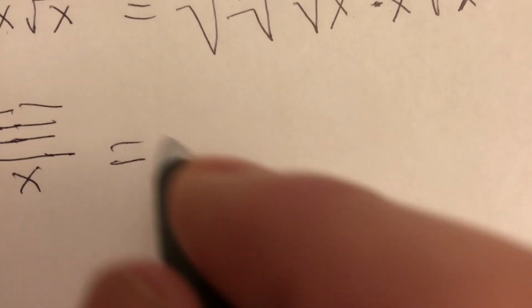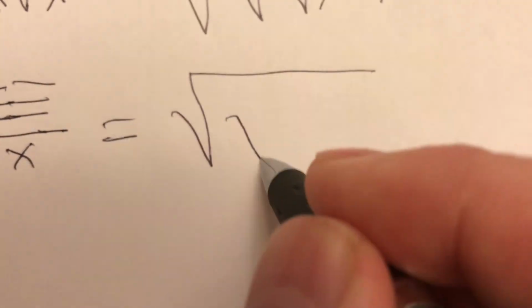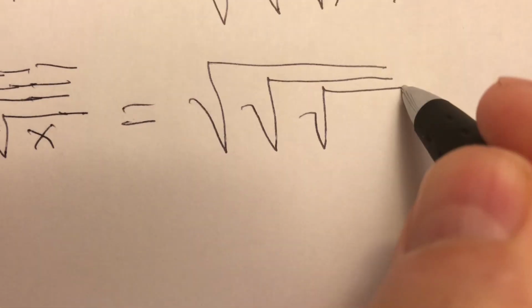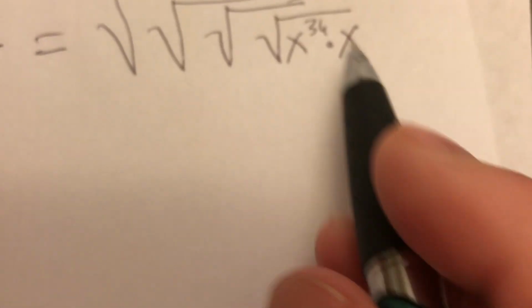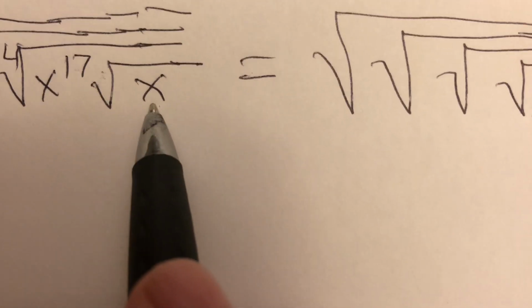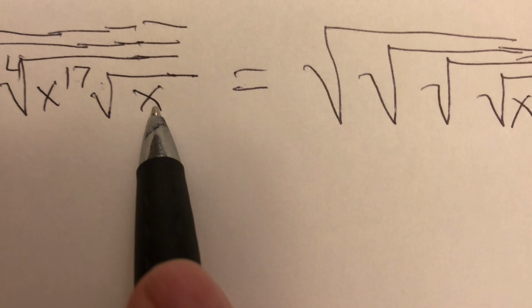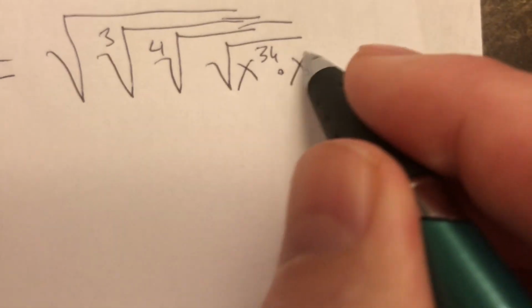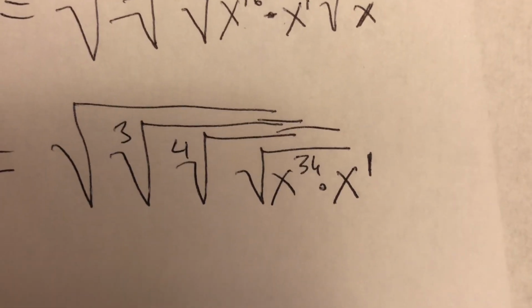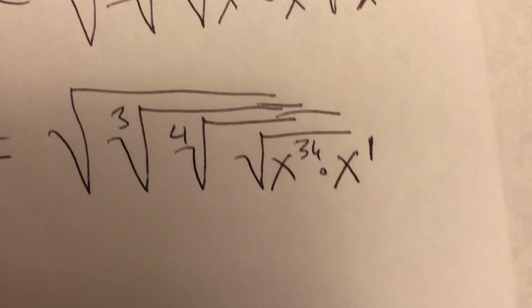So it means I can put this x inside the square root, and it's going to be x to the 34 times the other x, which already was inside this square root. So here, let me write, there was a 4 with exponent 3, and now I'm doing the last computation.